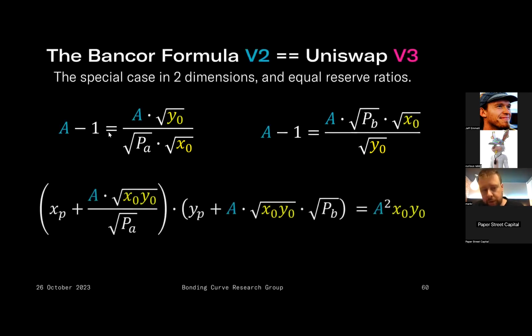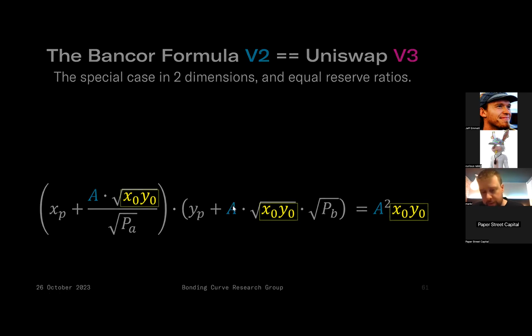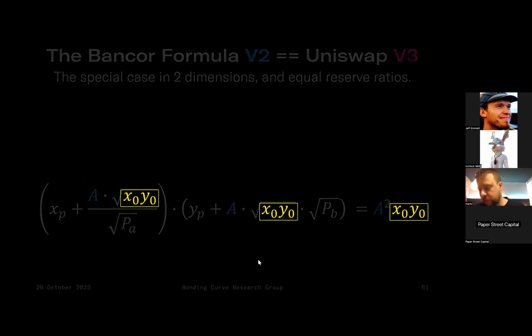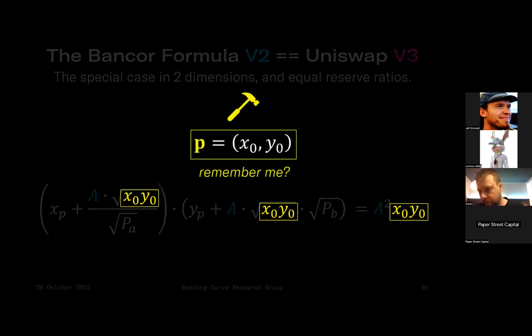So substituting these A1 terms using the definitions that we derived from the marginal price equations above, we end up with these expressions. And again, you should be able to very quickly identify that we've got this P term showing up again, which is the point that is common to both the V1 and the V2 surfaces.